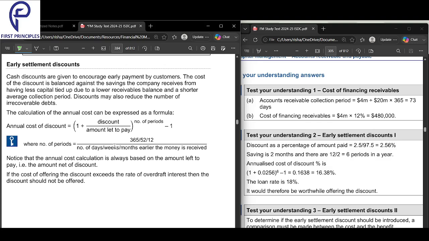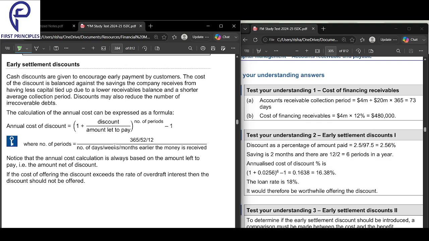That is a percentage, so let's convert it into a decimal, 0.0256. To the power of 6 gives 1.1935. Minus 1 and you get 16.38%. And 16.38 is less than 18%. Since 16 is less than 18, give a discount.